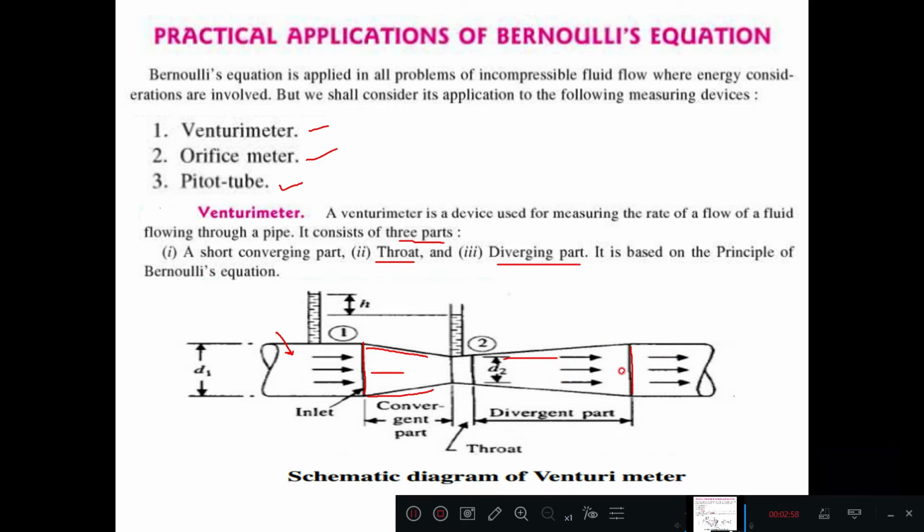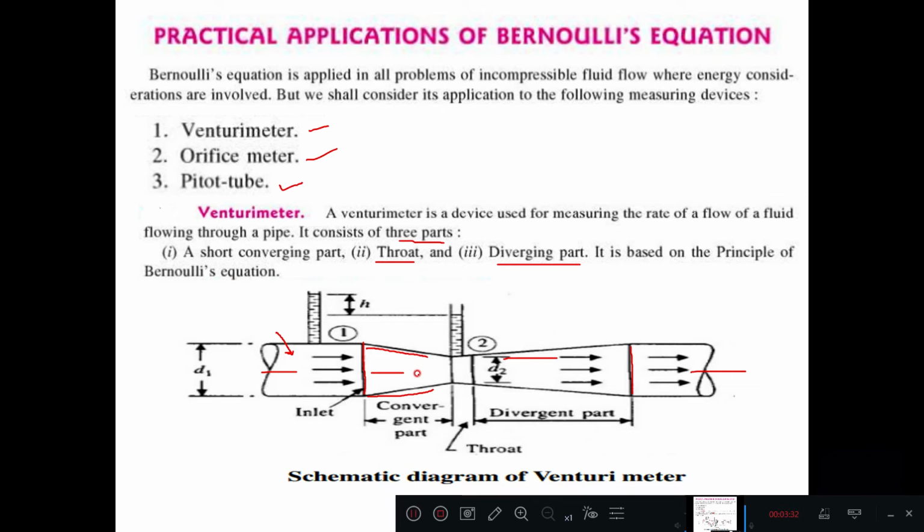As shown in this figure, the inlet and outlet diameters are the same as the diameter of the pipe in which it is to be installed. The velocity of flow increases in the course of flow from the pipe to the throat, that is the converging cone, and the pressure correspondingly decreases here.